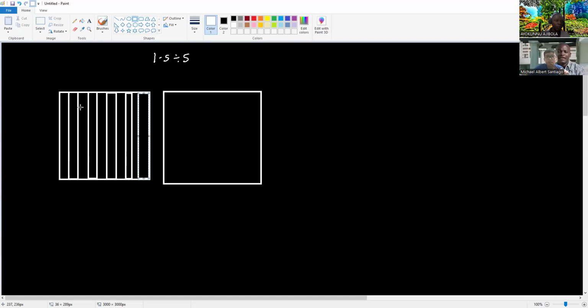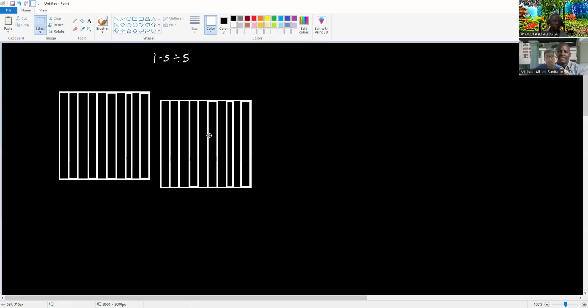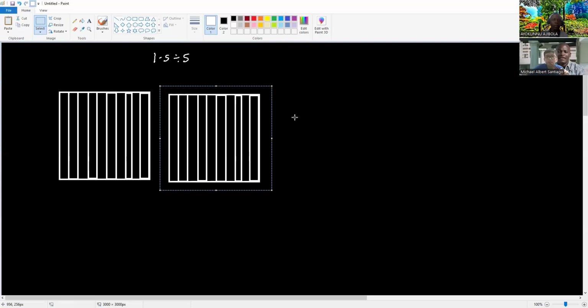So let's check 1, 2, 3, 4, 5, 6, 7, 8, 9, 10. So let's assume these are equal spaces, though it's not perfect. Then I'm going to remove this other one, then I'll duplicate the first one for easy practice. So, this is the second one. So if I want 1 whole and 5 out of 10, this is what I'm going to do.